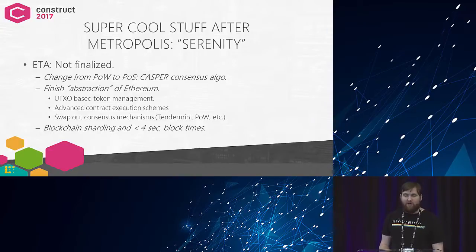You can have advanced contract execution schemes, so the ability to have contracts, like I said, pay for their own transactions, which is a huge step in having smart contracts be more autonomous and not have to be activated by outside influence necessarily. And then blockchain sharding.